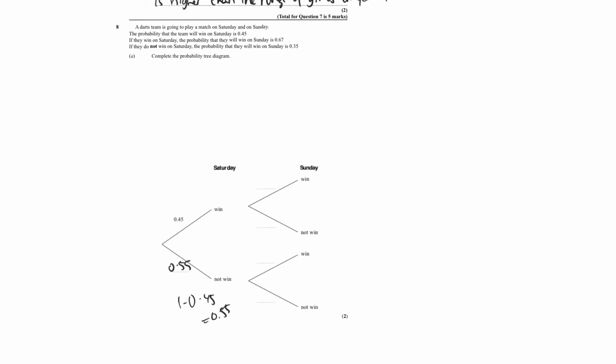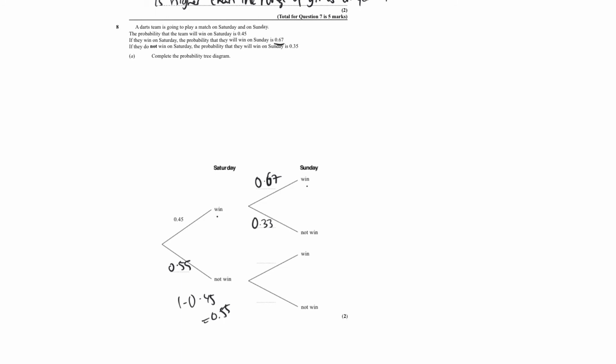Now, it says that if they win on a Saturday, the probability that they win on a Sunday is 0.67. So that's the information up here, 0.67. So the probability of winning on a Saturday is here, and the probability of winning on a Sunday is 0.67. So that means the probability of not winning on a Sunday when winning on a Saturday is 0.33, because that's one take away 0.67.